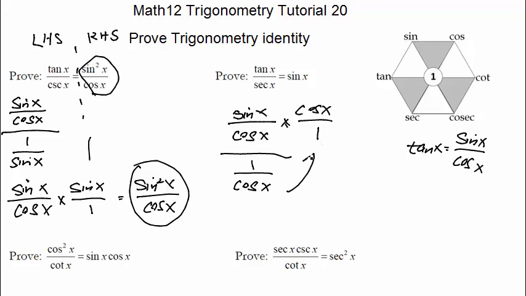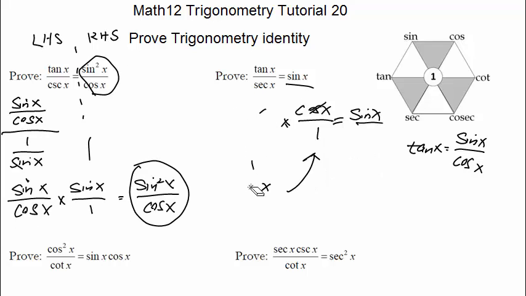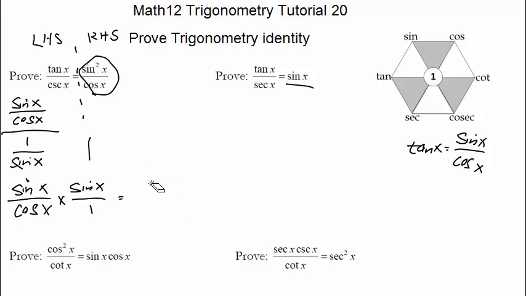We flip the bottom up to the top. So cosine and cosine cancel, and it's just equal to sine. That equals the right-hand side. Finished. That's also very simple. To save some space, I remove these, since I don't have enough space to draw the bottom part.